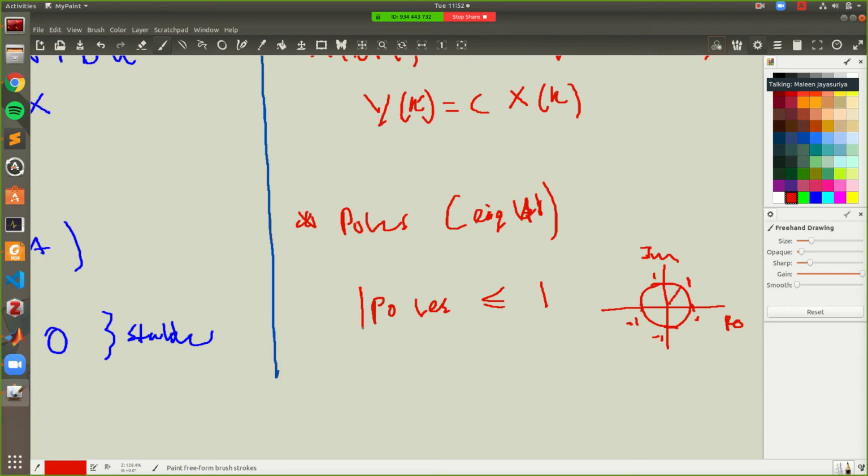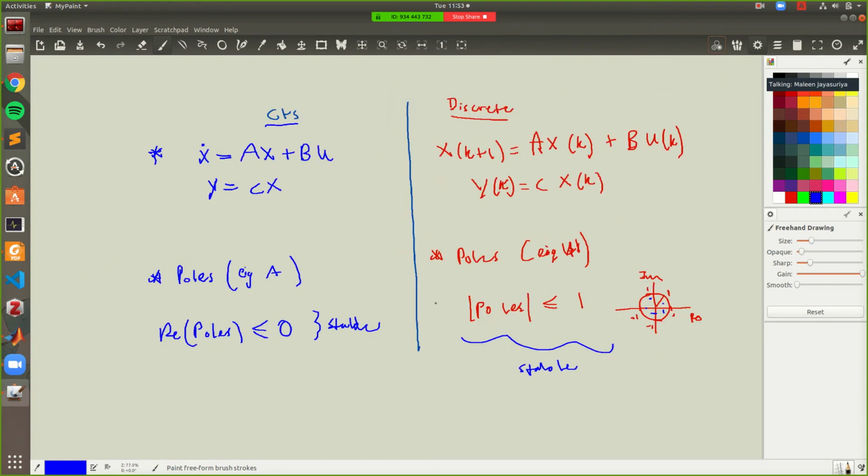The modulus of the poles should fall inside this circle for the system to be stable. So those are the major differences between a continuous time system and a discrete time system.